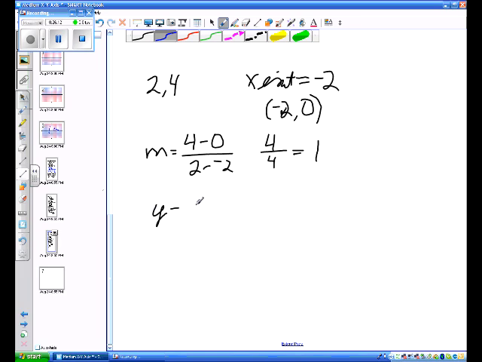So it's y minus the given y is equal to the slope times x minus the given x. So we end up with y is equal to x plus 2. And so that would be our equation.